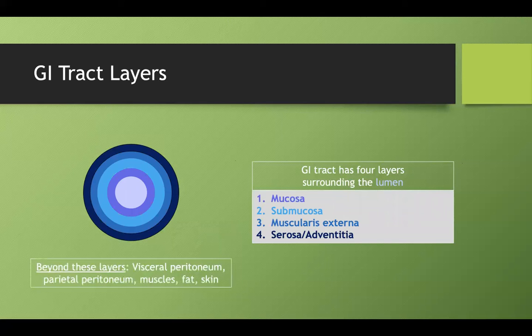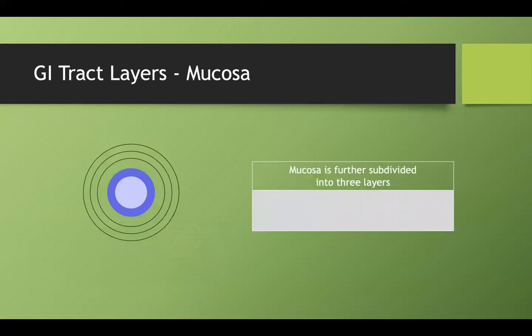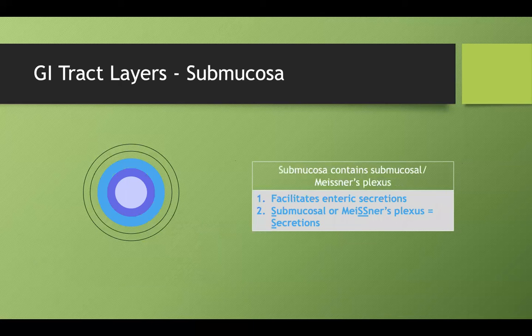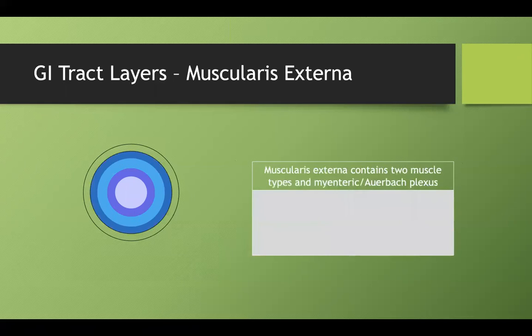And beyond that, you have your visceral peritoneum, your muscle, fat, skin, all that stuff. Just remember that the mucosa can be subdivided into the surface epithelium, the lamina propria, and then our muscularis mucosa. Remember that our submucosa is important for Meissner's plexus, and Meissner's with the S's, remember submucosal, Meissner's secretions.